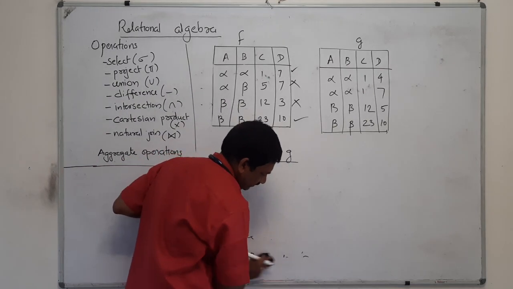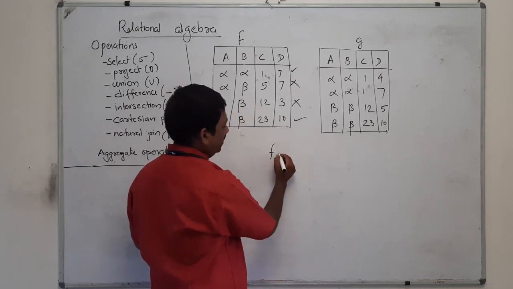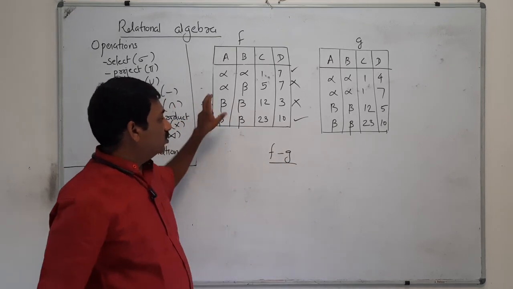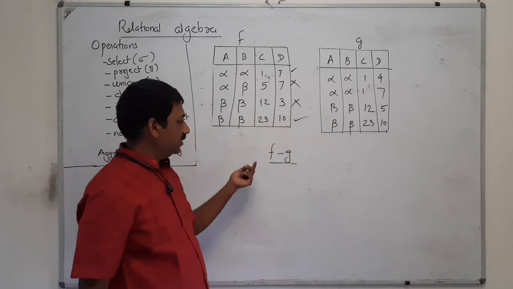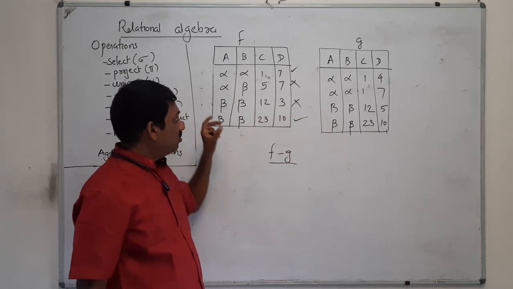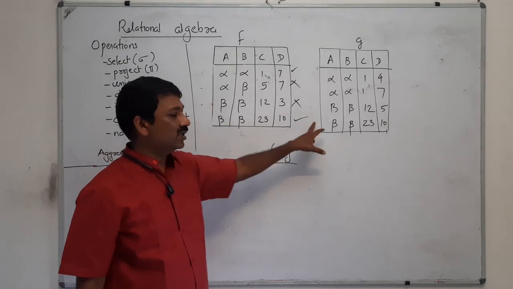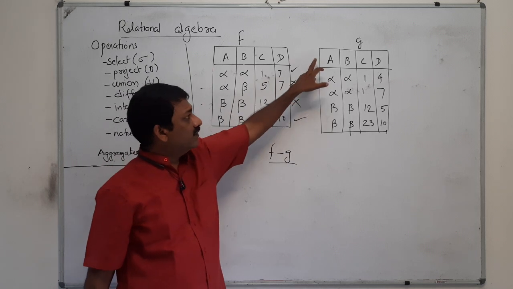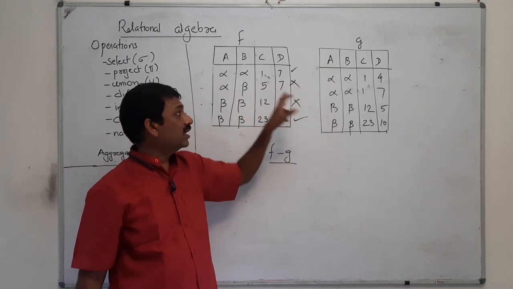F minus G. F minus G means all those which are present in F but not in G. That means F minus G means all the tuples which are present in F but not in G. That means from this relation, if some tuples are repeating here, that has to be avoided.